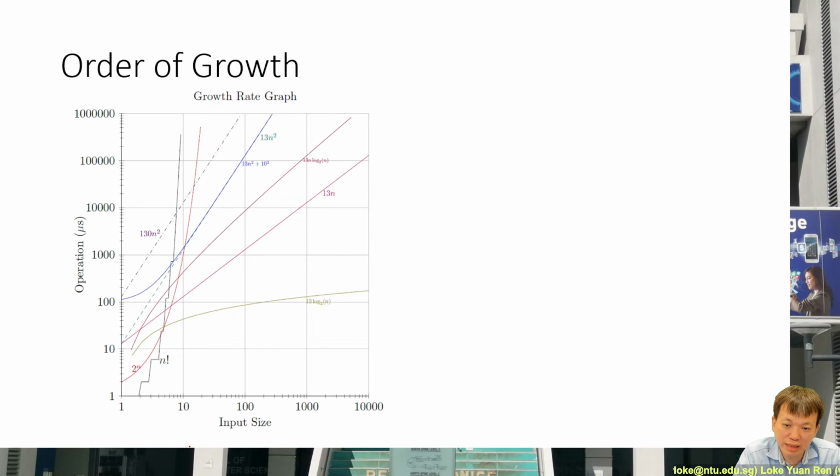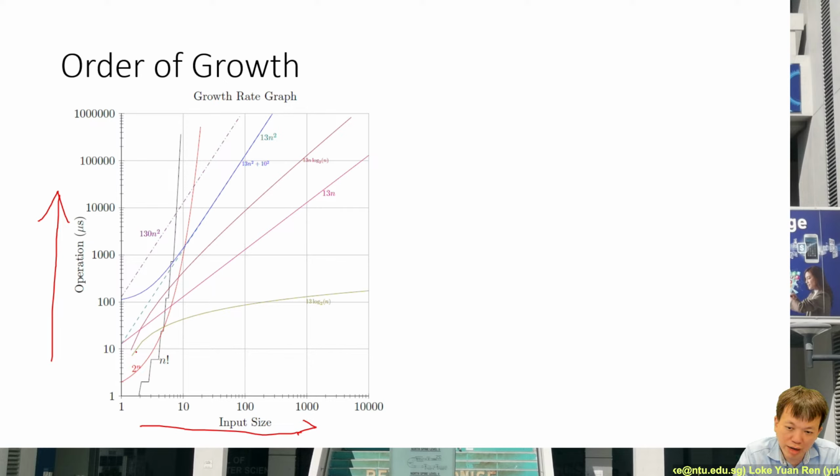You can see from the diagram, if this is the problem size and I increase it 10 times, 10 times, 10 times, 10 times, and this is the number of operations, the time I take. If your problem is linear, then this is the 13n one.